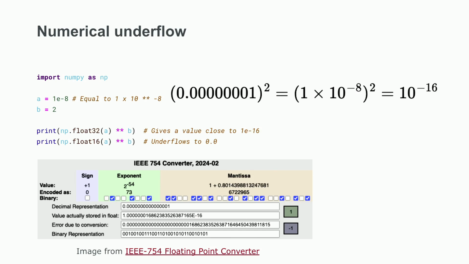When we apply the operation in floating point 16, it simply underflows. The value goes straight to 0. Whereas when we use 32 bits, there's still some numerical result that is close to the correct output of 10 to the power of minus 16.